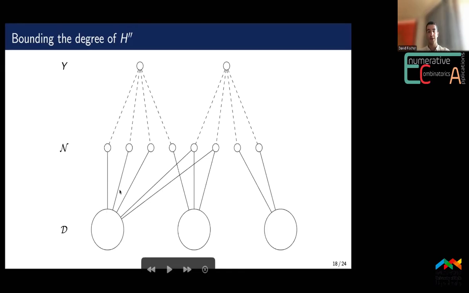So as you see, if we use just a pigeonhole argument, if the degree of this guy is too large, then 3 of them are going to connect to one of the vertices of Y. And as you can kind of see from the shape here, this is going to give us a theta. And from the properties of the graph, we can deduce that this has to be a long theta.